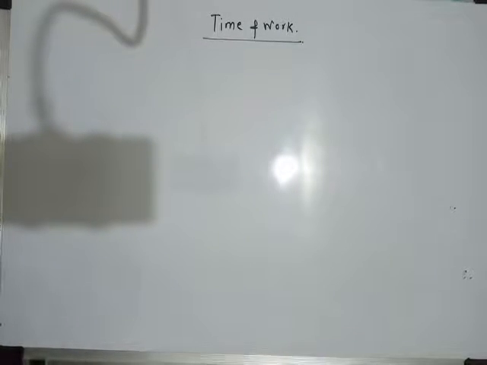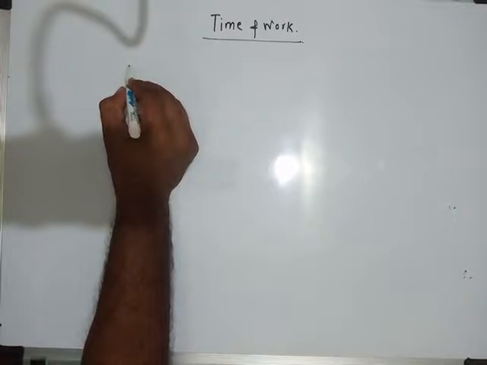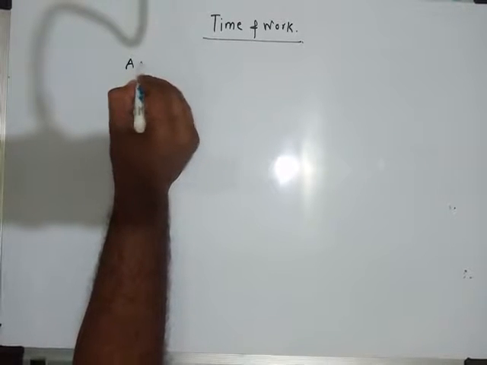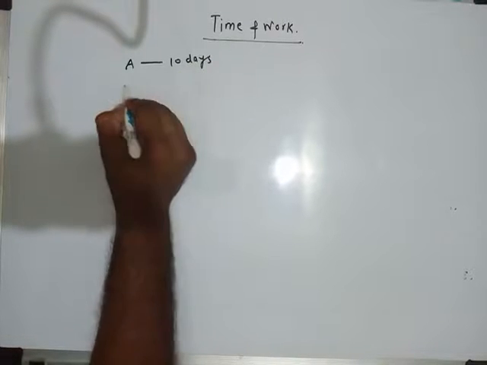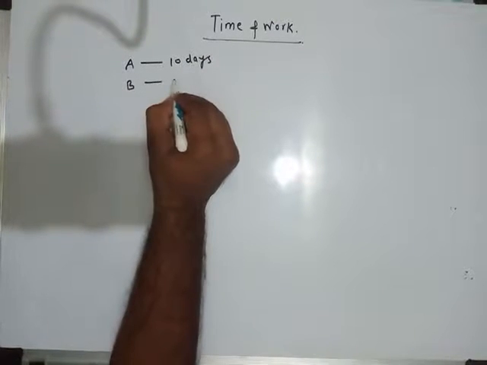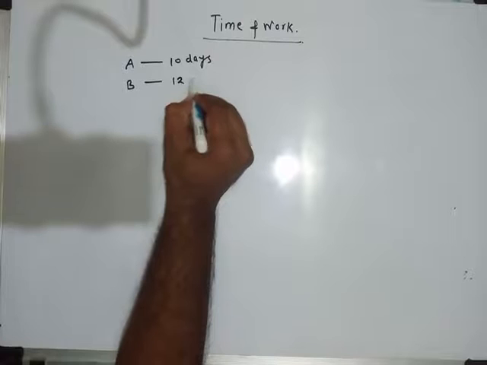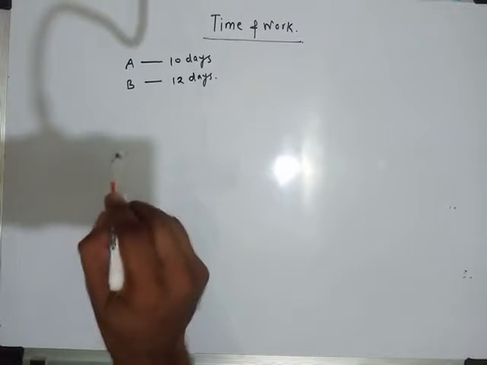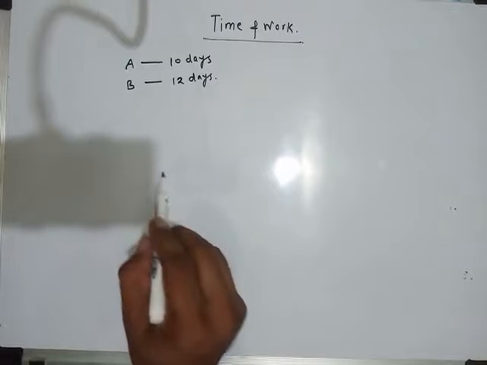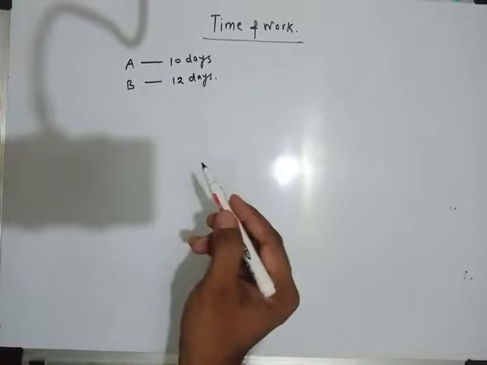Let's solve one more problem. Let's say A can do some work in 10 days. B can do the same work in, let's say, 12 days. How many days will they take to complete the work if they work together?